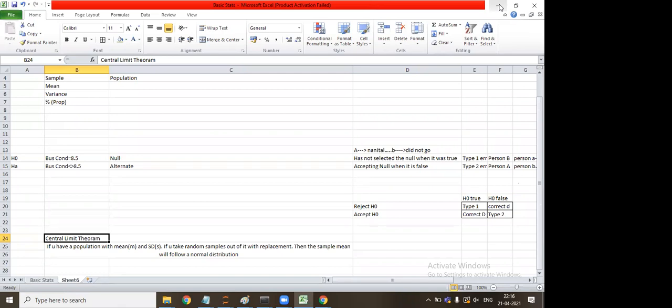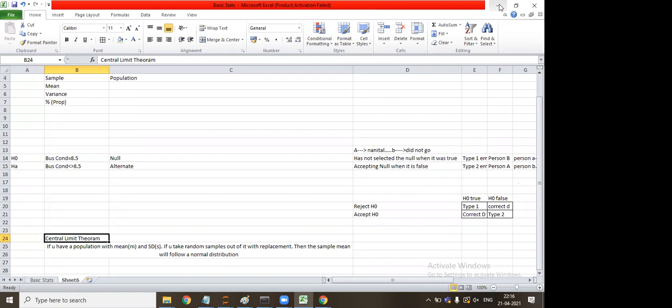Is it clear? Yes, but for the formula of the central limit theorem, the standard deviation equation, we have to know the sample size. Yeah, sample size I need.